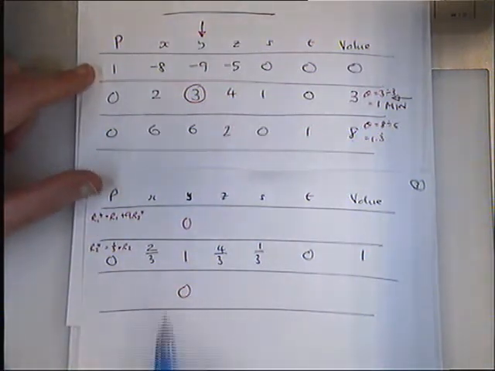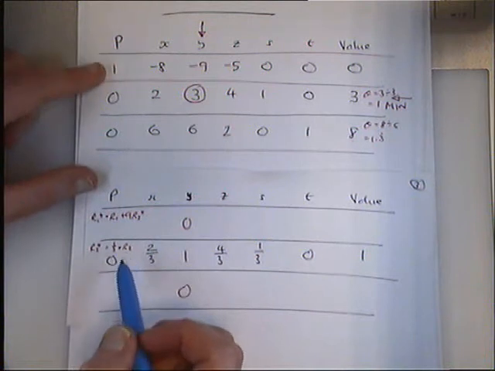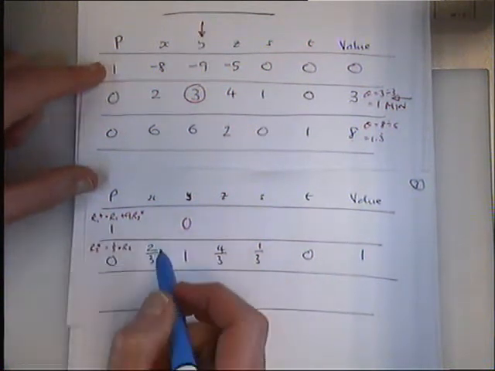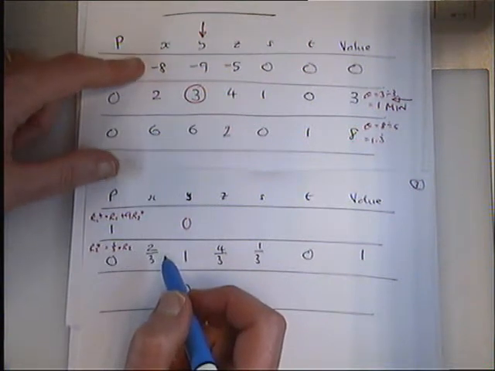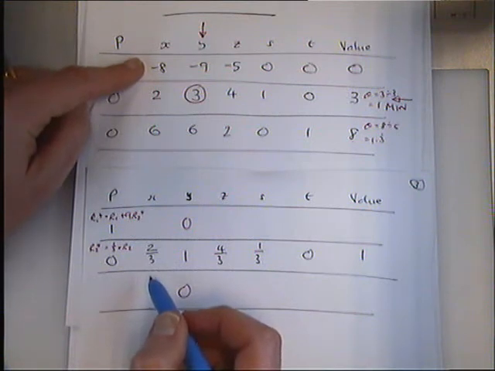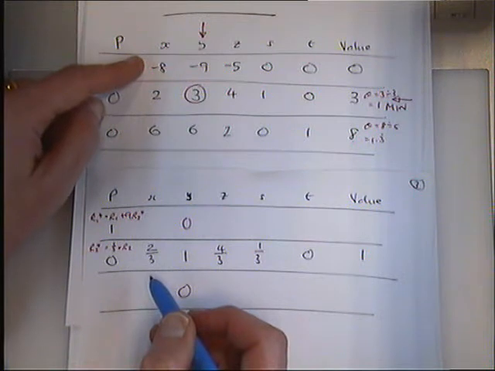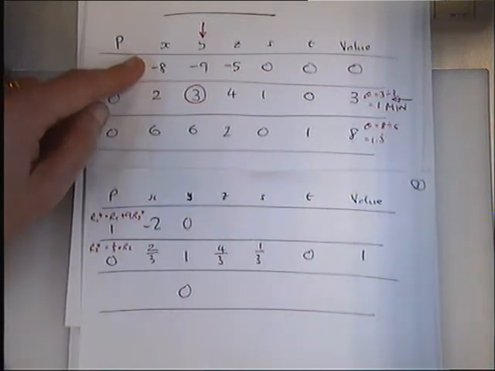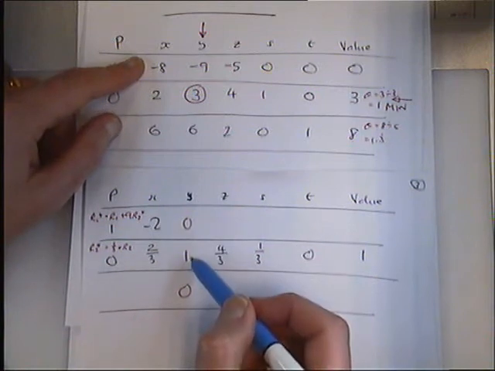Right, I don't mind who shouts the answers out. So here it's going to be 1 plus 9 zeros. Here it's going to be minus 8 plus 9 2/3. Go for your calculator. What have we got? Minus 2 is correct. The next one is done.